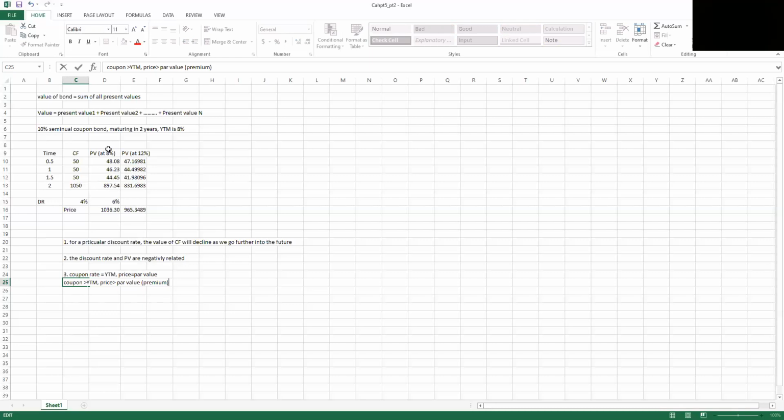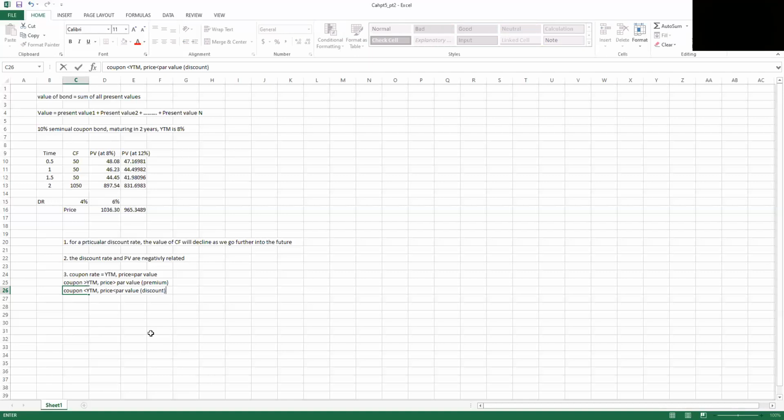Here is the case: an 8% discount rate, a 10% coupon rate, and a bond price of 1036. If the coupon is less than the YTM, the price will be less than par value, and we say the bond is selling at a discount, right?